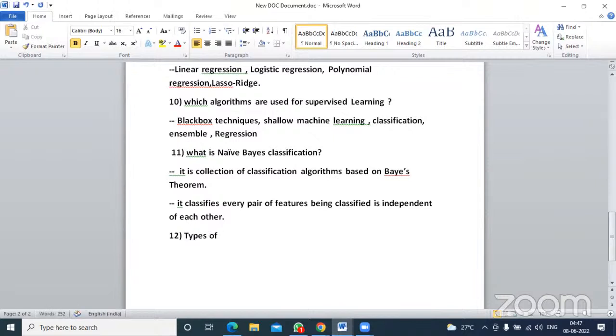Types of naive Bayes theorem. Yes, guys, quick response.